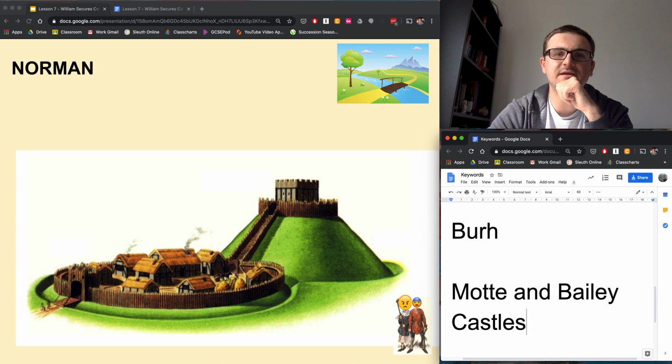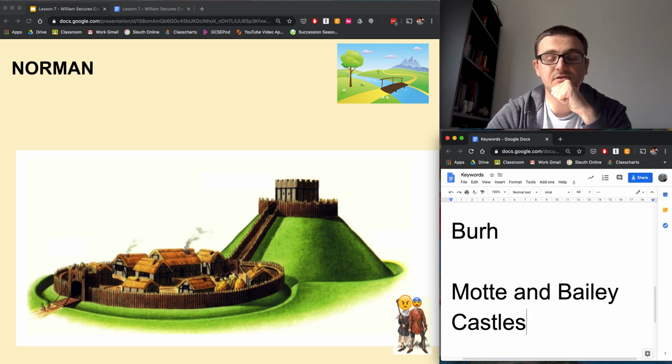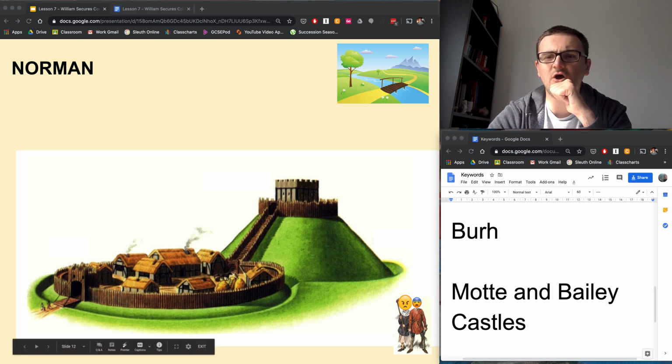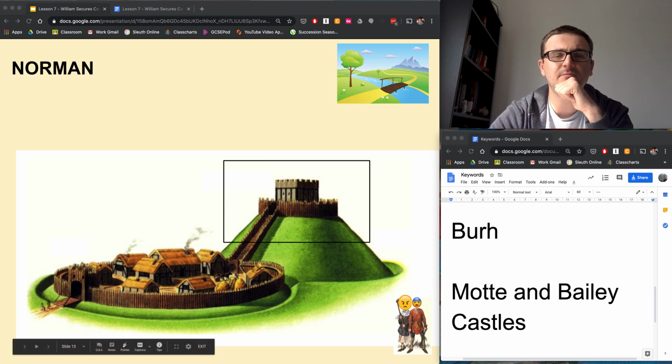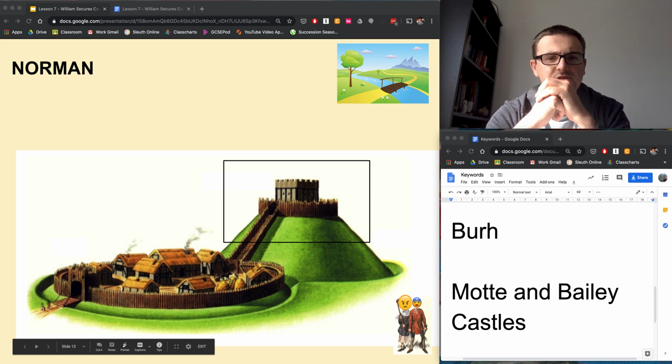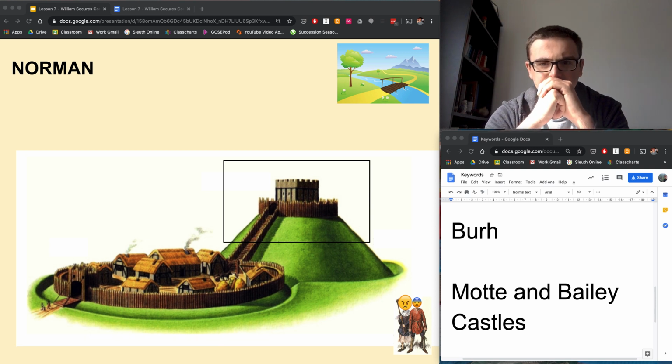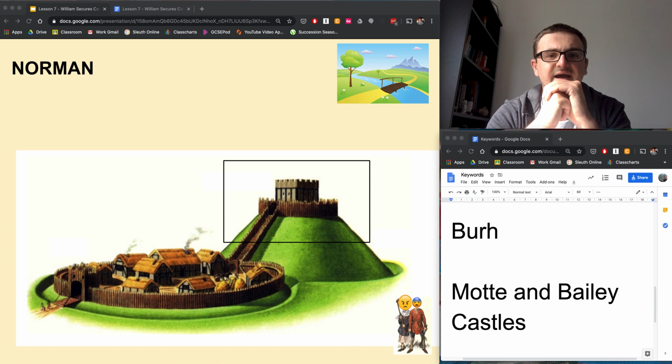The reason why he built these new structures is so he could control the people more carefully. Now the Motte and Bailey castles come in 2 parts. The part at the top, on the hill, that small building there, I've boxed it off on the screen, you should be able to see it. That was the Motte. Motte spelled M-O-T-T-E.